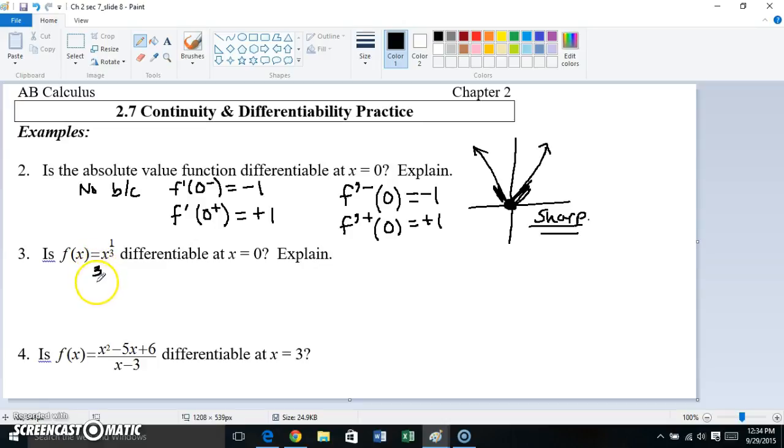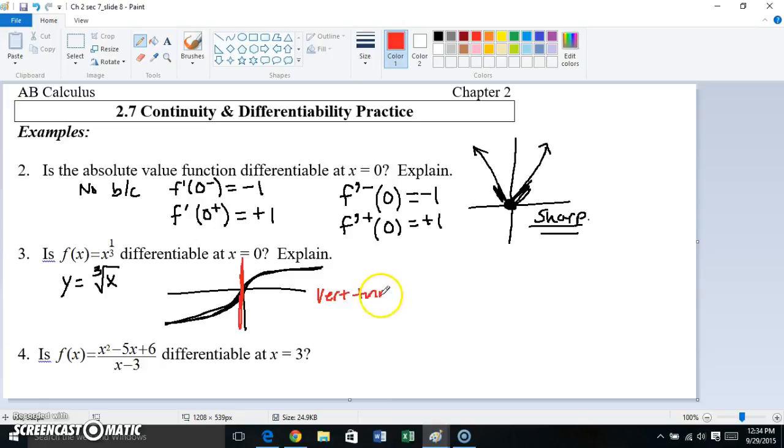Okay, f of x is x to the 1/3. Well, what's another name for x to the 1/3? The cube root of x. So remember the graph of the cube root of x. I didn't draw it very well. Better to be done with a graphing calculator to see, right? Okay, and at x equals 0, there's a vertical tangent, and so the slope is undefined.